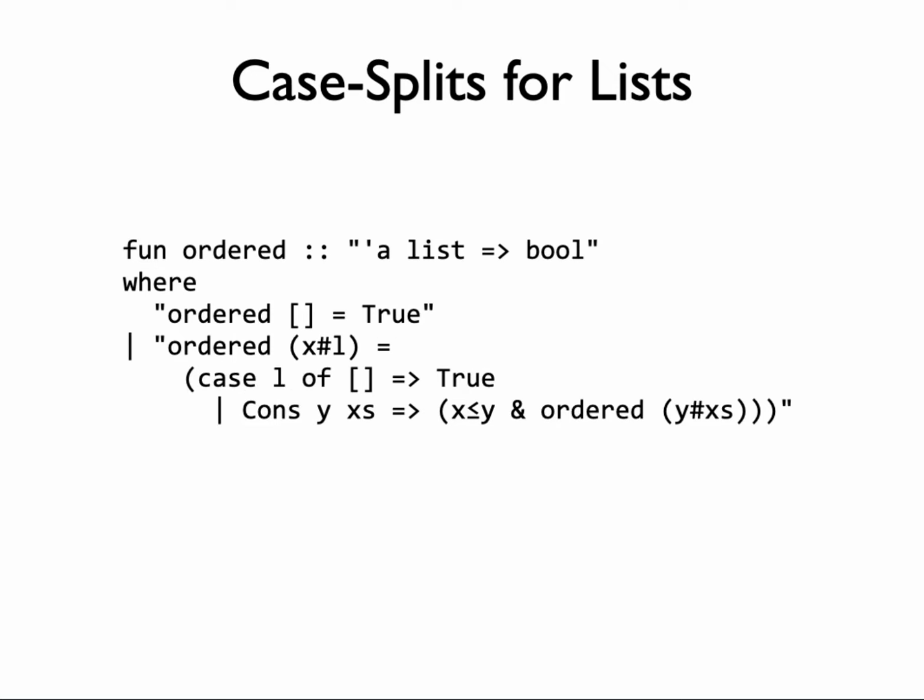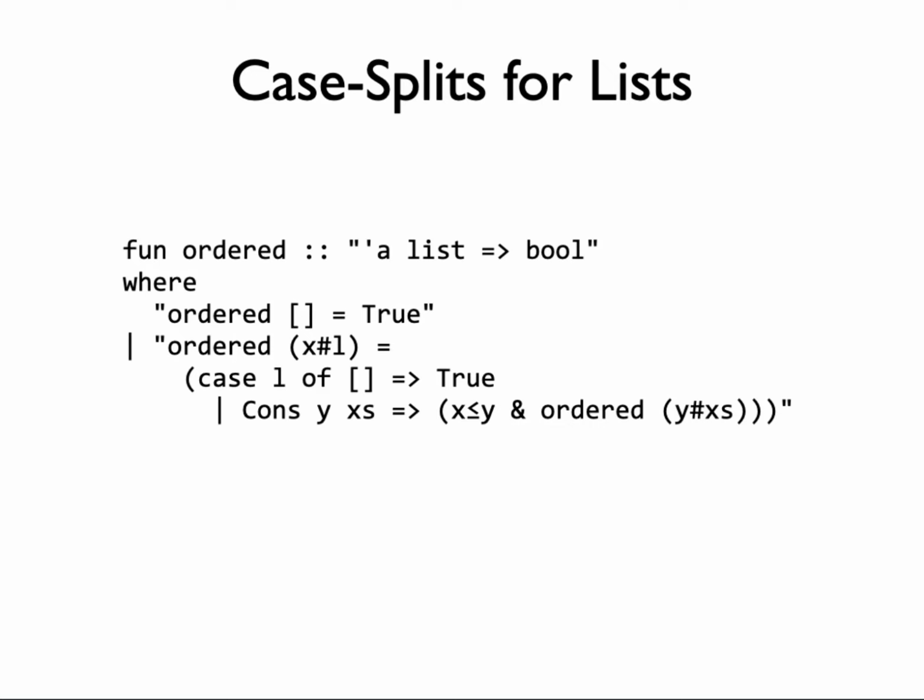There's another way of writing that. And I guess this way of writing it using case allows me to show off case, but I think it's also a bit better for proving things, because when I automatically split the case, I will get some shorter proofs.